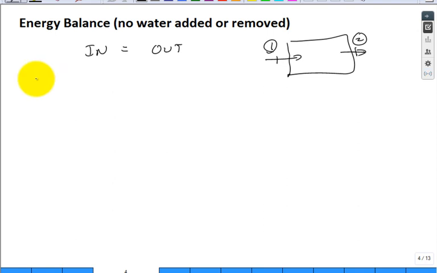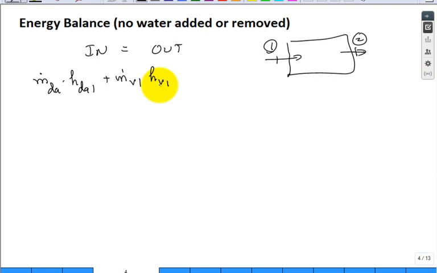It would be with the mass flow rate coming in. But I have a mixture, 2 components. One is dry air and one is water vapor. So let me say it's a sum of 2 things. One is the dry air times the enthalpy of the dry air coming in. One is the mass flow rate of the water vapor coming in times the enthalpy of the water vapor coming in.